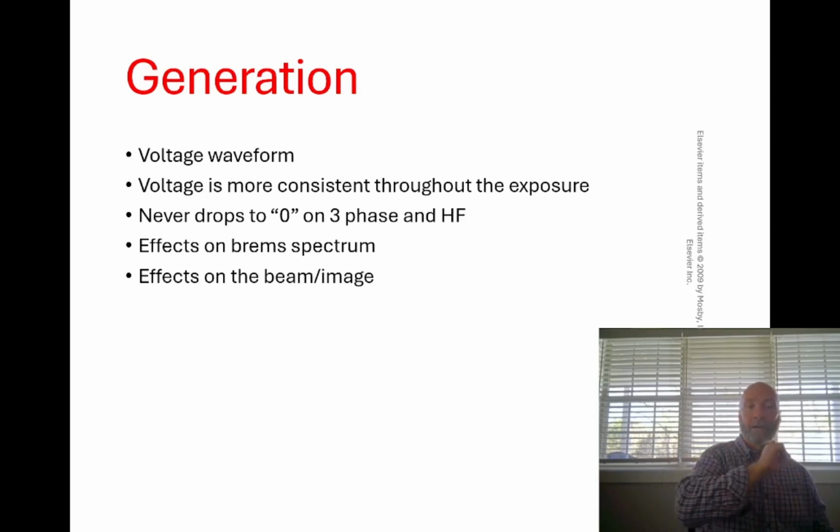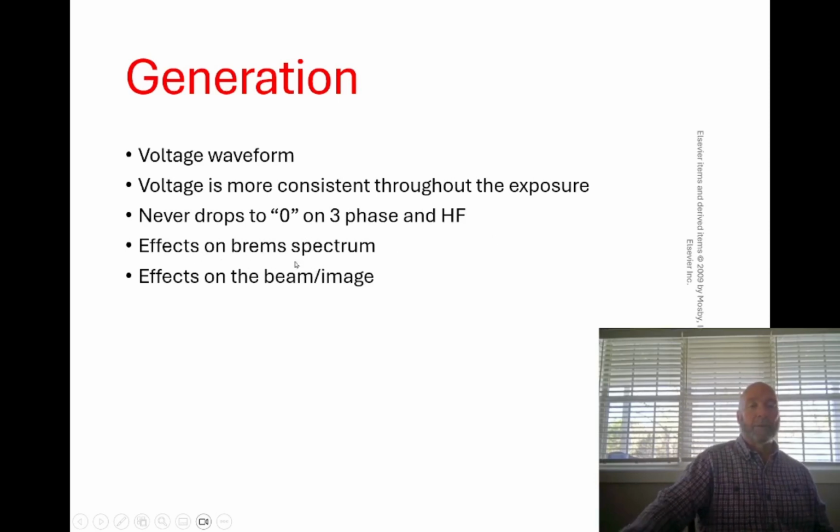It goes from start to stop, to start to stop, 60 or 120 times per second, depending on whether it's rectified or not. And then once we get to three phase 6 pulse, that voltage ripple drops from 100% down to about 14%. And then three phase 12 pulse is down to about 3%. High frequency is less than 1%. Constant output would be 0%.